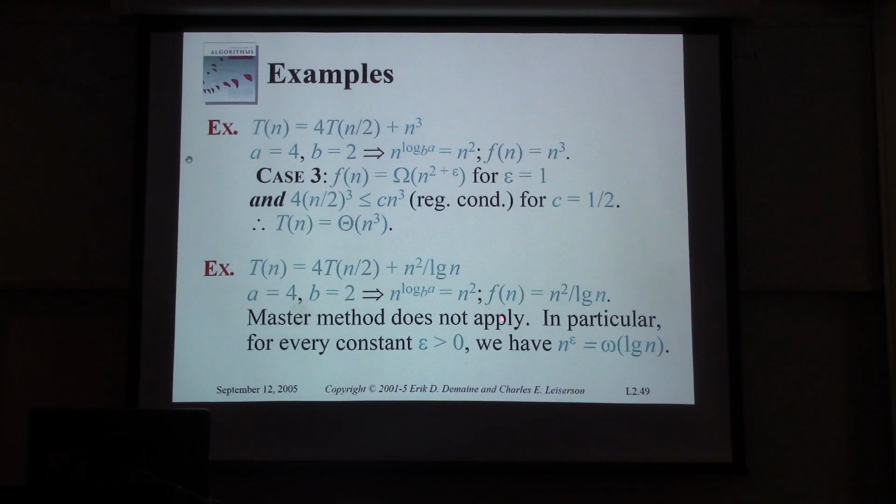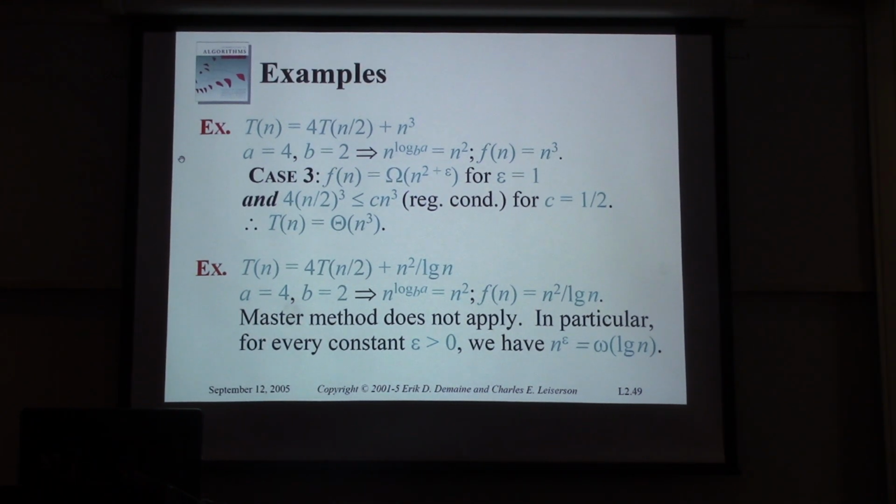So the master method doesn't apply because for every constant epsilon, which is positive, epsilon always has to be positive, we have n to the epsilon. What does this mean? n to the epsilon is an element of little omega, which means a lower bound.